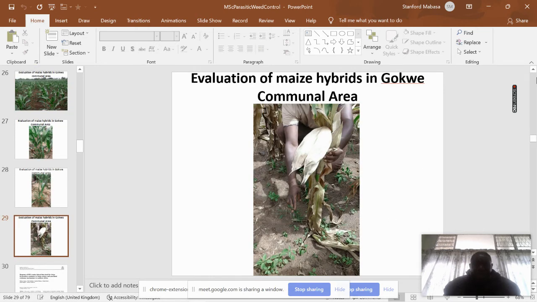You can see quite a big cob from the maize grown in striga infested areas. Actually, the farmers were almost abandoning these fields because of striga, where these maize hybrids were actually grown.